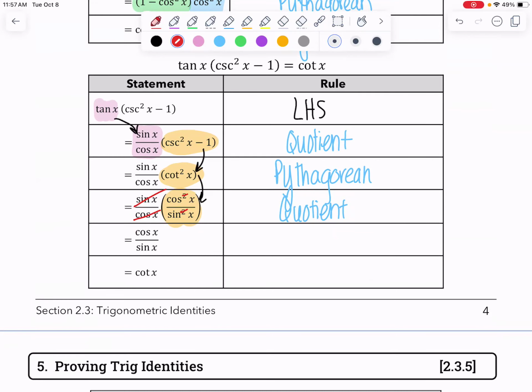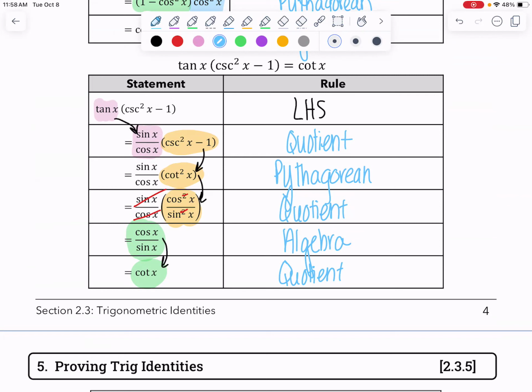You're left with one cosine on top, one sine on the bottom. That is just algebra, because we're not plugging in an identity, we're just canceling. And then turning cosine over sine into cotangent, that right there is a quotient identity. That's it. That's all there is here.